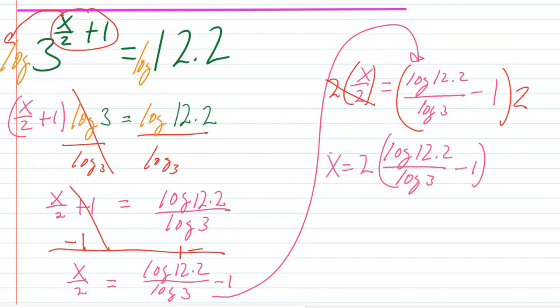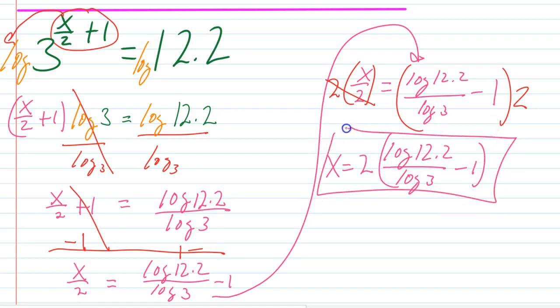Now, here's a common mistake. When we're multiplying both sides by 2 to get rid of the fraction, remember, we're multiplying the entire other side, so that's going to use parentheses. Now, most books are okay with it right here. Occasionally, you'll need to distribute through so that you'd have a 2 in front of the log and then a minus 2 at the end.